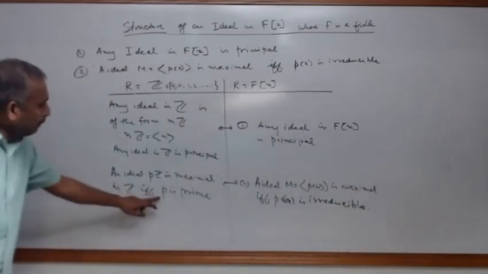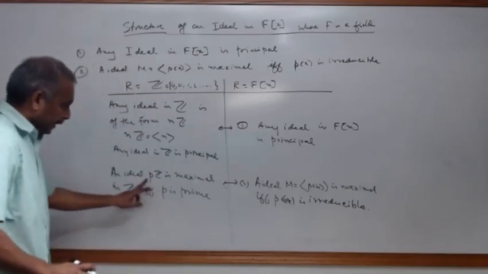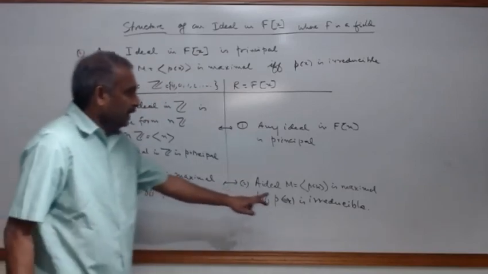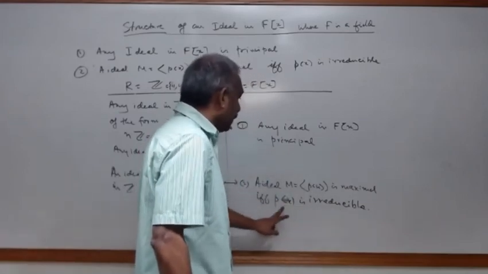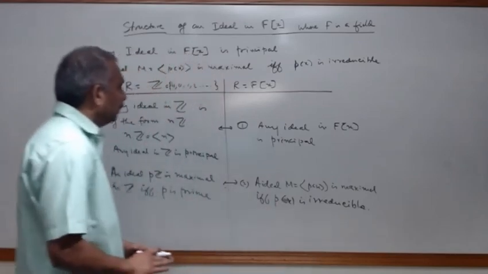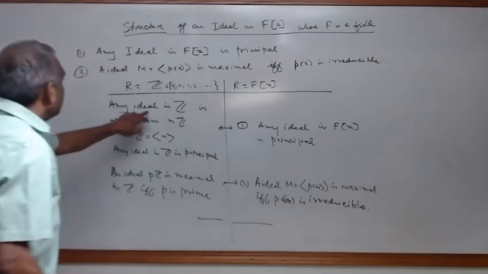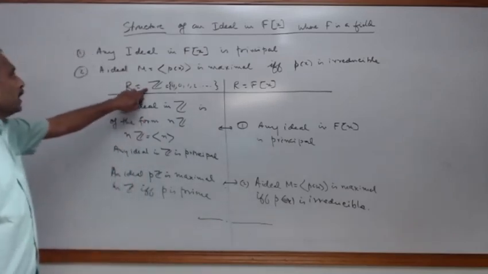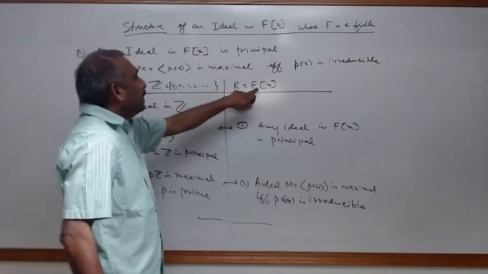Here it is prime, here it is irreducible. Prime means you cannot factorize in Z. That is the same result here: p(x) is irreducible in F[x] means p(x) is not factorizable. So that is a comparison of the ideals in the ring of integers and in the ring of polynomials.